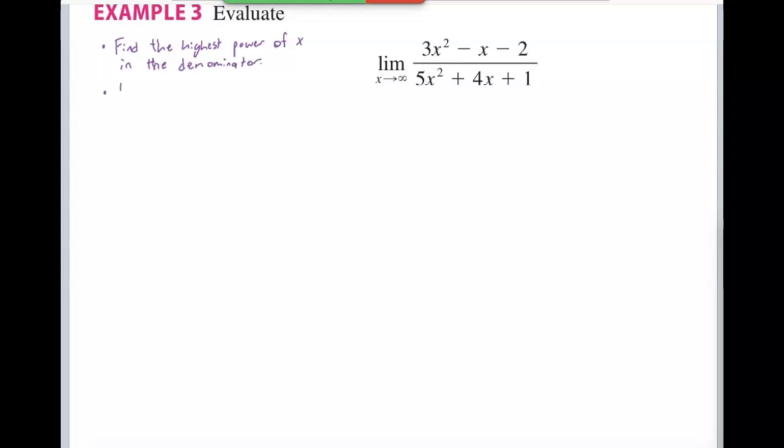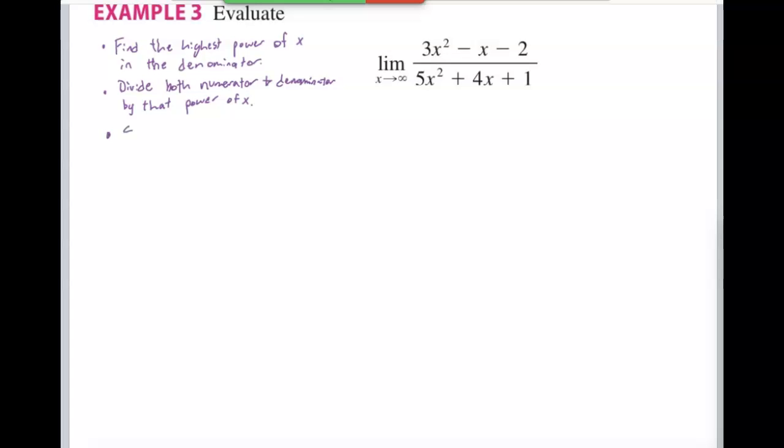You're then going to divide both numerator and denominator by that power of x. The idea here is just like we're allowed to multiply the numerator and denominator by the same thing without changing it, you can also divide both the numerator and the denominator by the same thing because then we're effectively just dividing by 1, right? And we're not changing it.